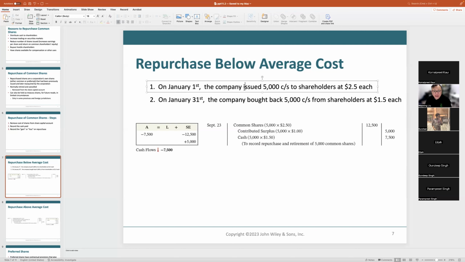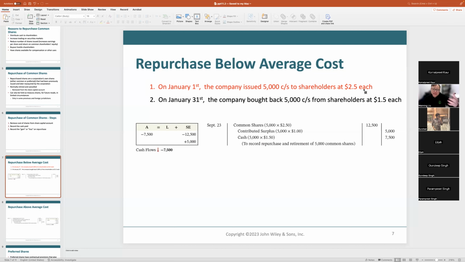So let's first take a look at this one. Can anyone tell me what's my debit, what's my credit for the first one? On January 1st, the company issued 5,000 shares to shareholders at $2.50 each.